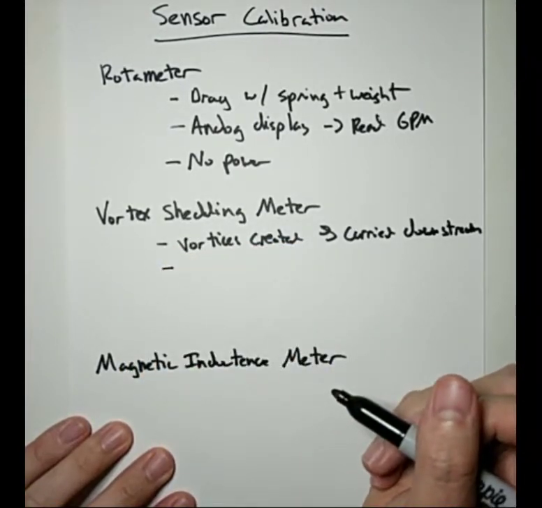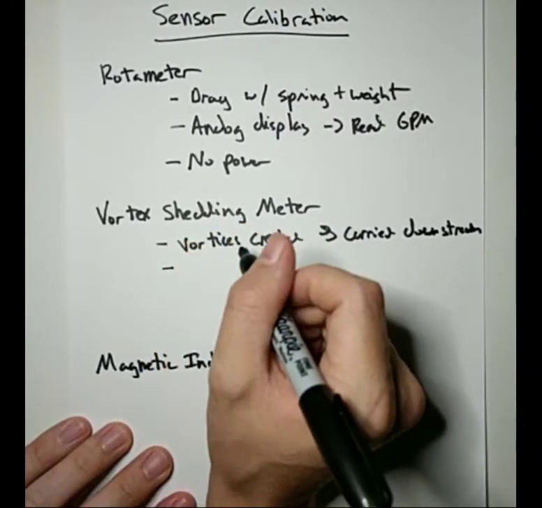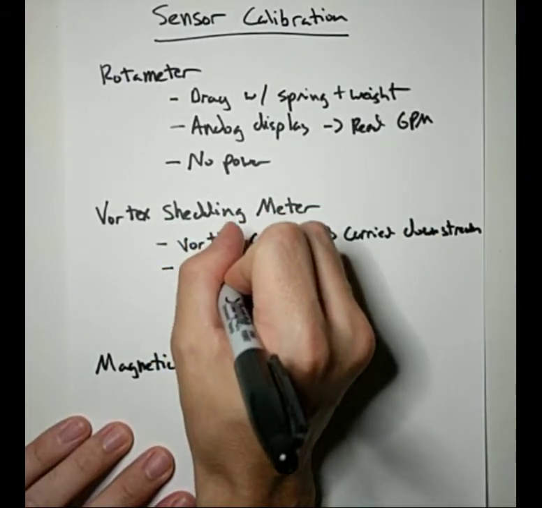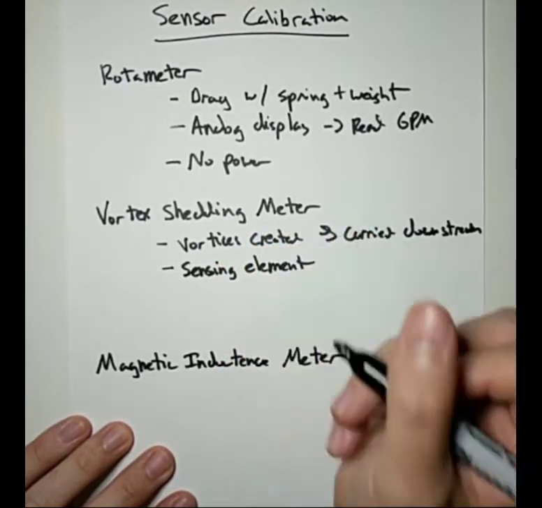So our sensor uses a piezoelectric element, but any sort of ability of sensing these vortices passing works. So you have some sort of sensing element downstream from that bluff body.